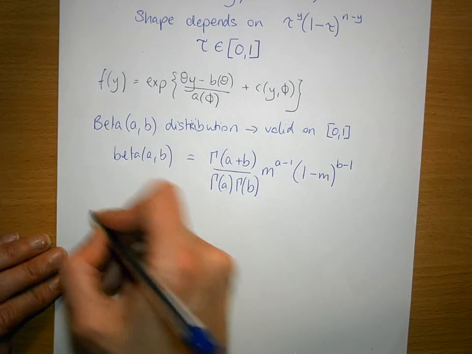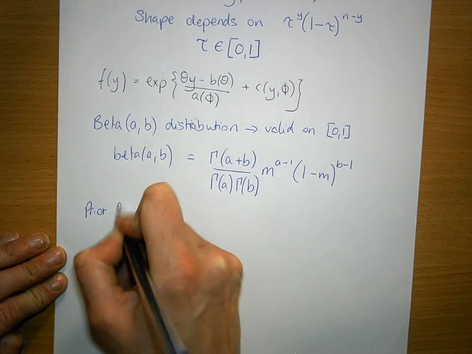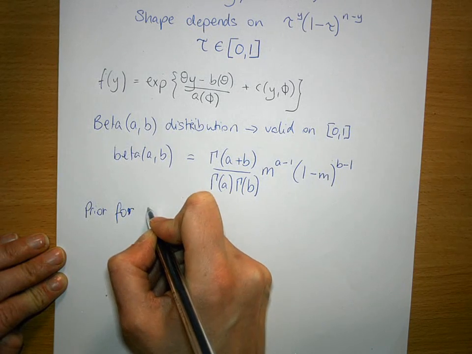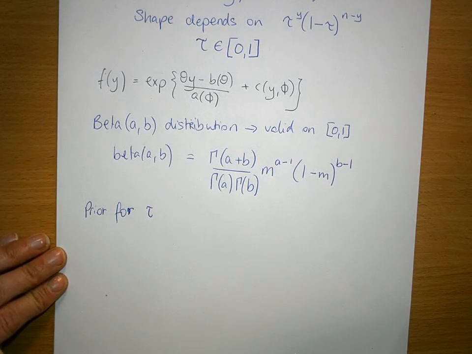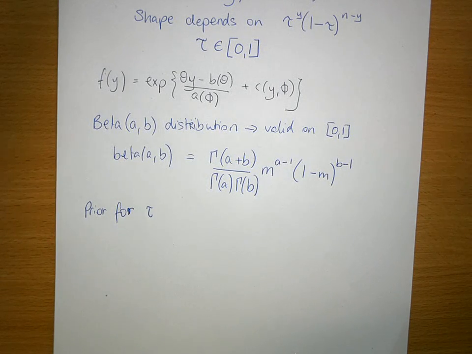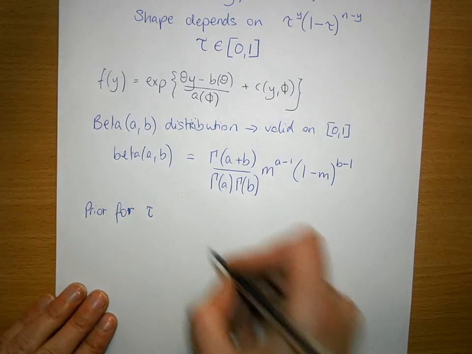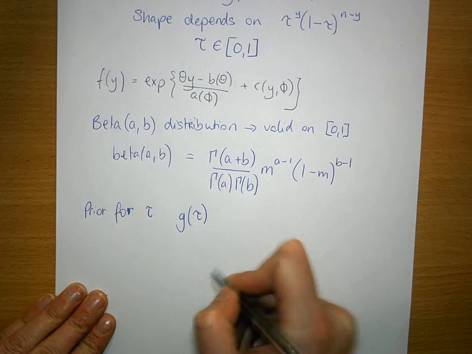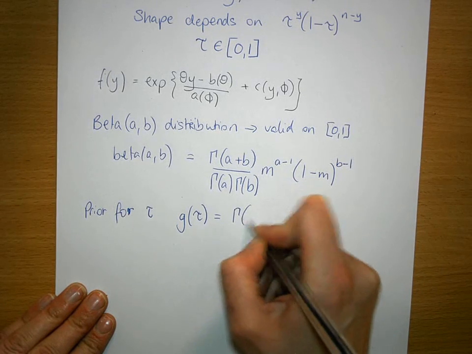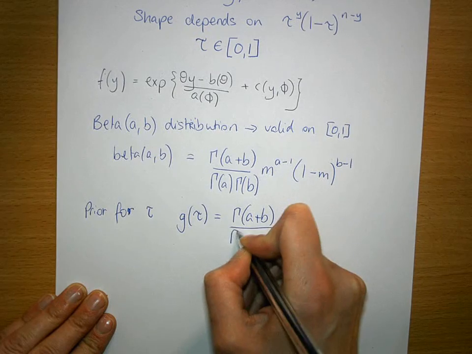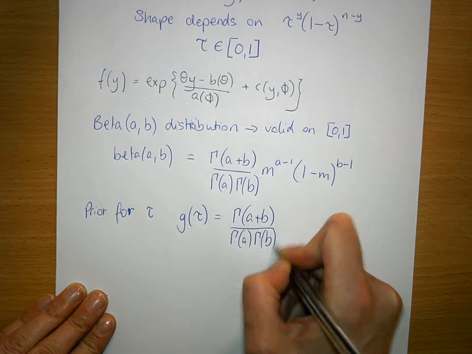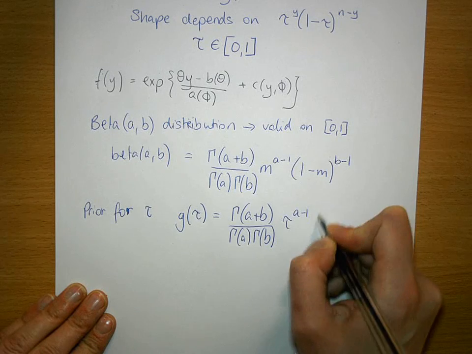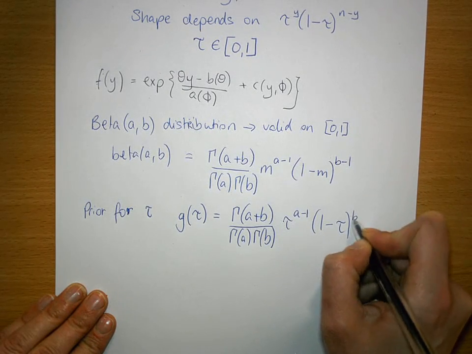However, we're considering a prior for a random variable tau, so it's for our parameter tau. Instead of it being m, it's going to be tau. So g of tau is equal to gamma(a plus b) over gamma(a) gamma(b), tau to the a minus 1, 1 minus tau to the b minus 1.